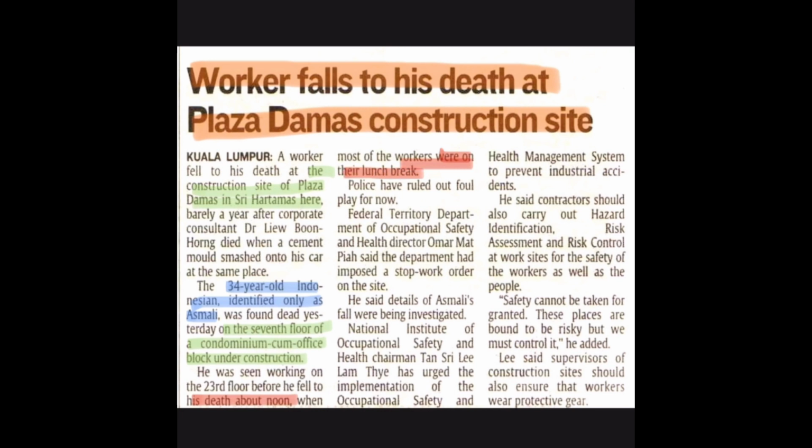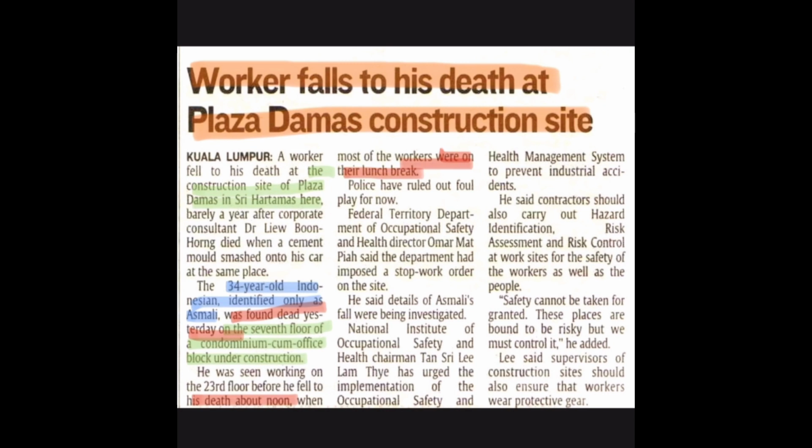Another piece of information is that he was found dead yesterday. So usually in news, we will know when the news is published. If the news was published today, then probably the accident happened yesterday.